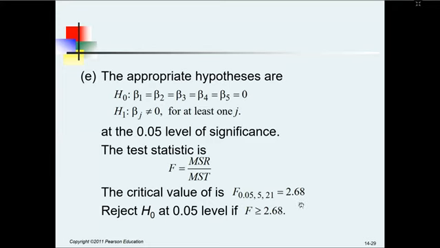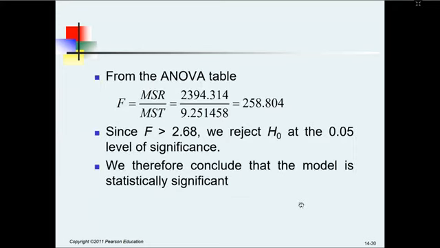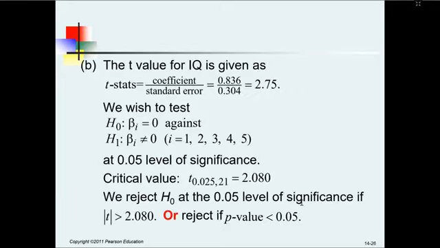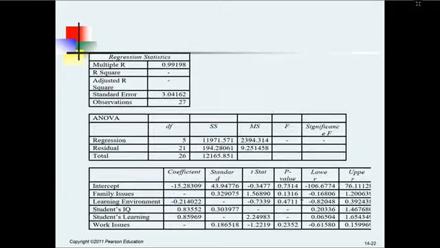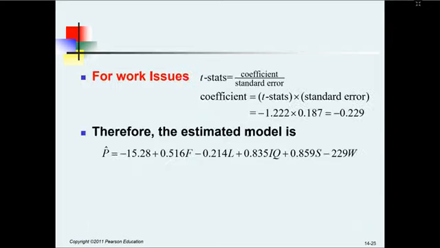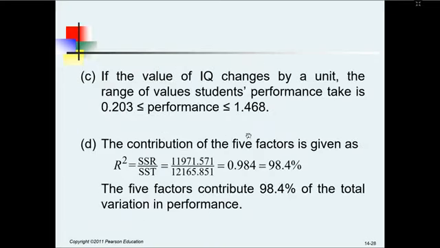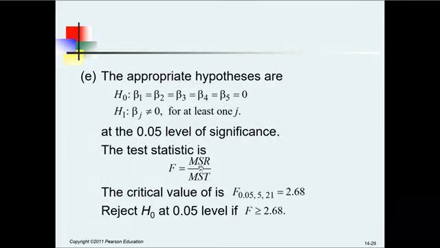So what will be the computation? We come to the computation. How do you determine the computed value of F? It will be the MS for regression divided by the MS for residual. So this will be MSR over MSE, not MST, because it's for the error.